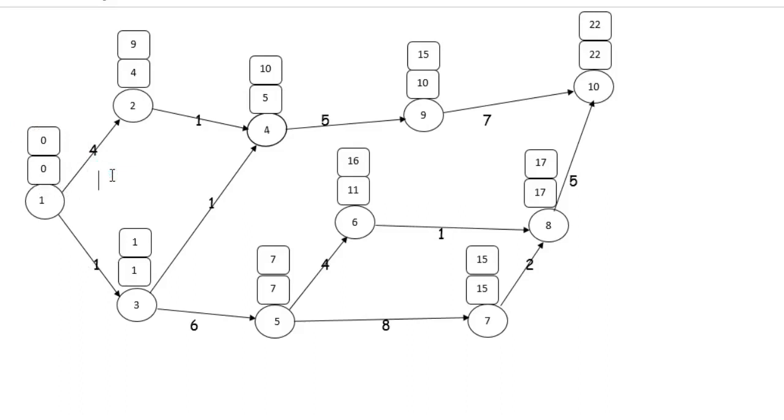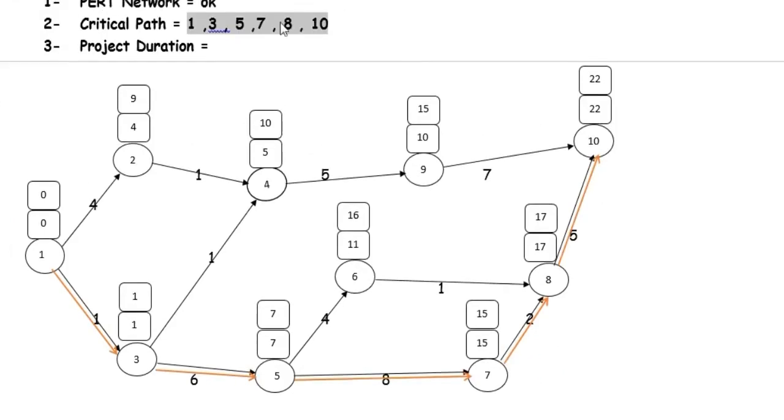Now we have to find out the critical path. The critical path is where the earliest start time and the latest completion time are the same for each and every node. So 1 to 3, 3 to 5, 5 to 7, 7 to 8 and 8 to 10 is the critical path.